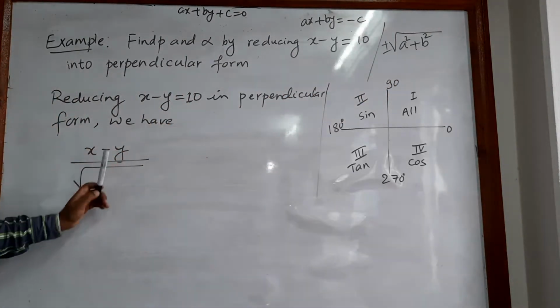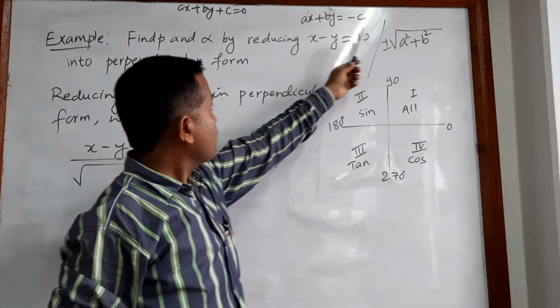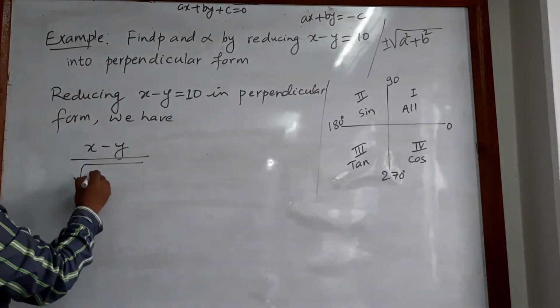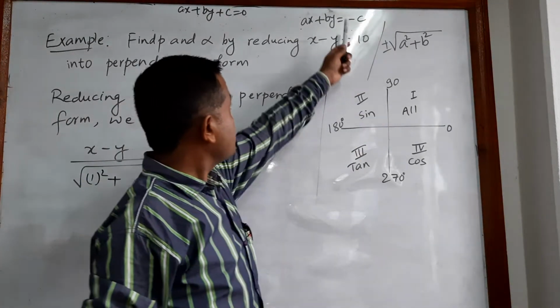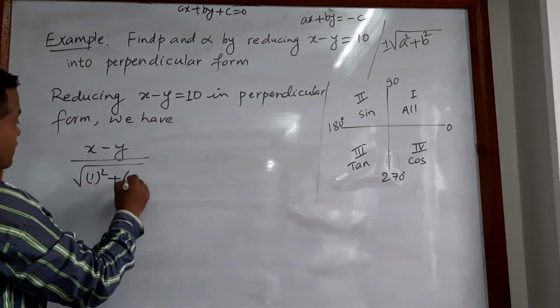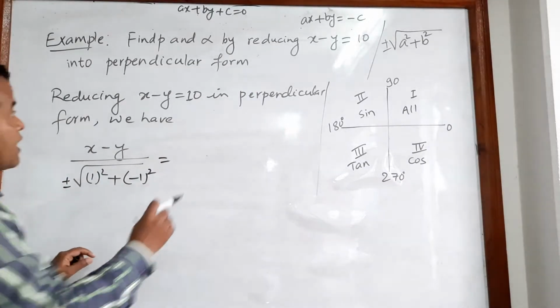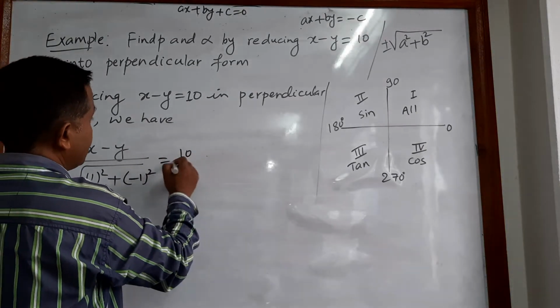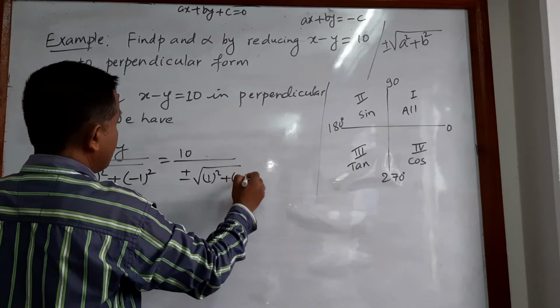In place of a we have 1 square plus, in place of b we have minus 1 square, and on the right hand side we have 10 over root over 1 square plus minus 1 square.